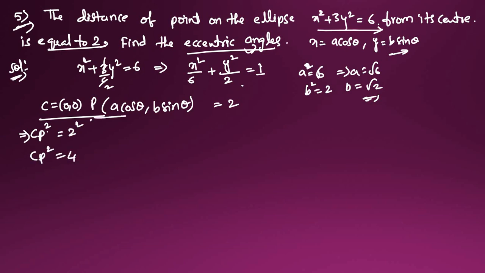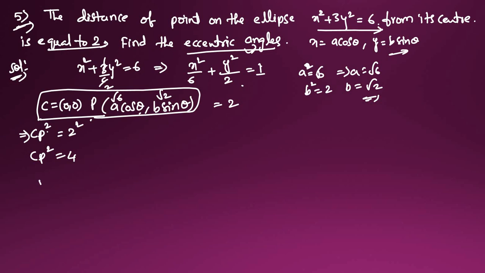The distance between these two points: here a cos theta and b sin theta, with root 6 in the place of a and root 2 in the place of b. So CP whole square is under root of x minus x1 whole square plus y2 minus y1 square.